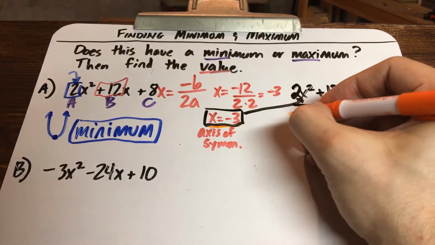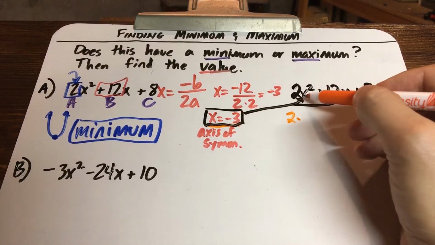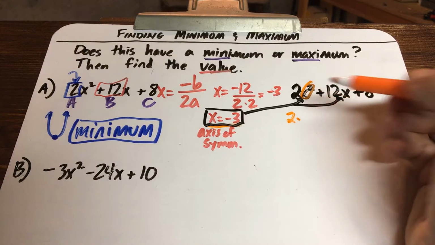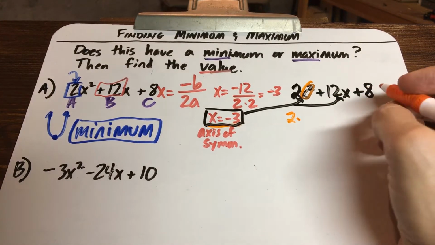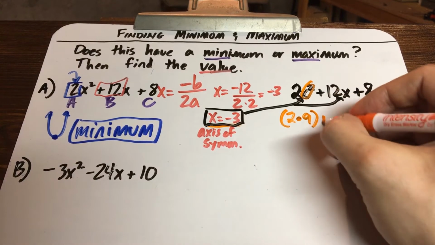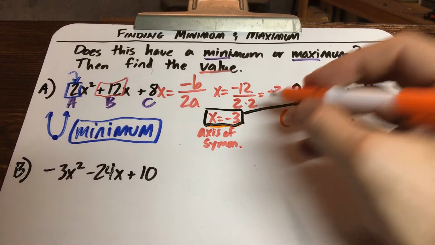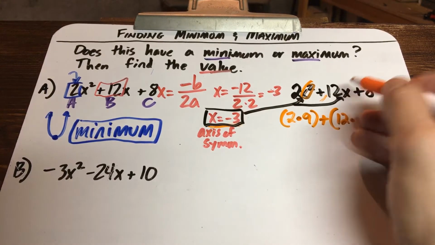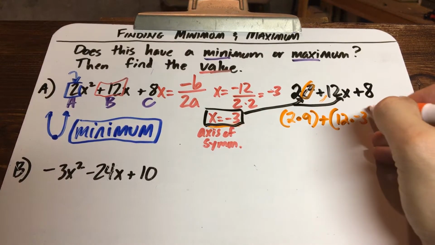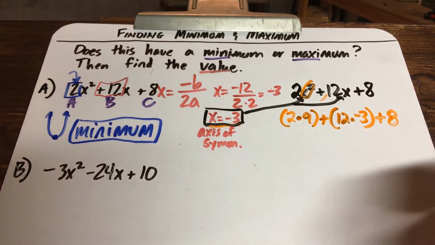All right, so I'm going to have 2 times, can we do this in our head, right? If we put negative 3 right here, negative 3 squared would be negative 3 times negative 3. That is 9. And then on the next one, you would have 12 times, here the x is again going to be negative 3. We're just going to substitute it in. 12 times negative 3. Some of you, I'm sure, can do that in your head, but I'm just going to go ahead and write it out.